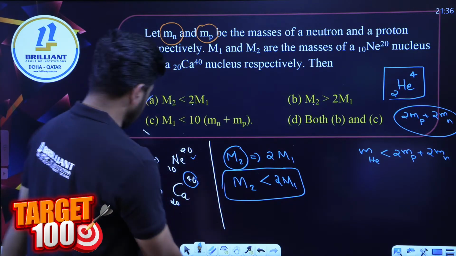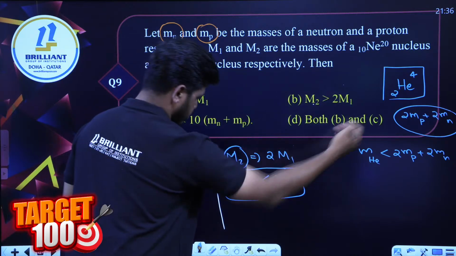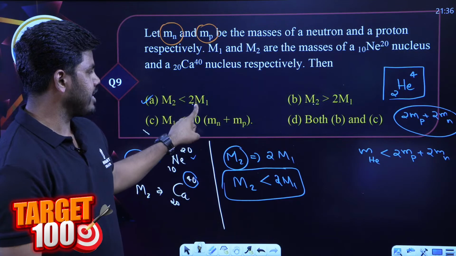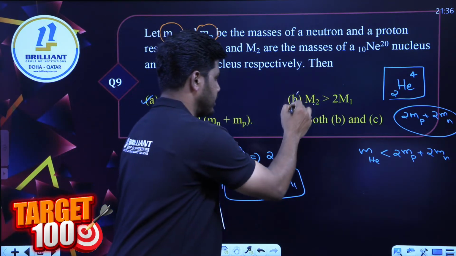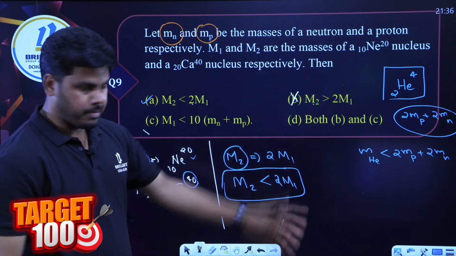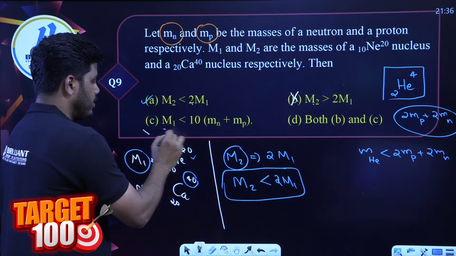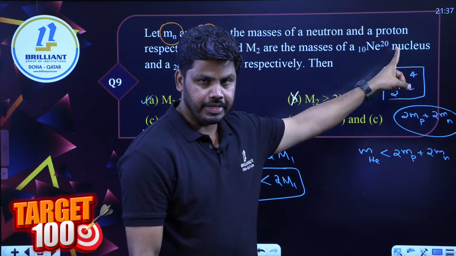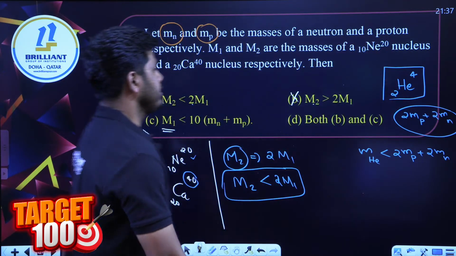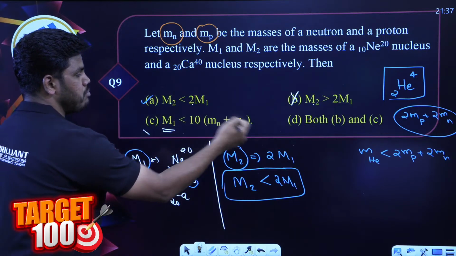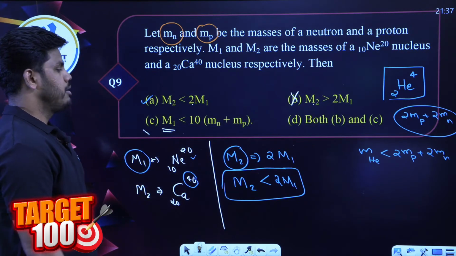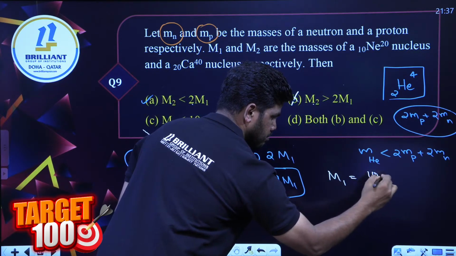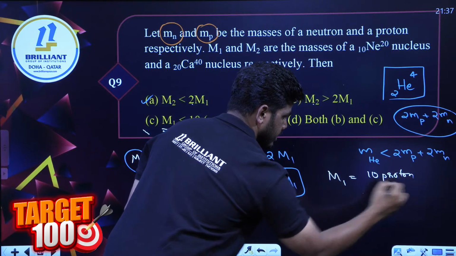But since it is given that both B and C are correct, let us cross check the other options also. If M2 less than 2M1 is correct, the other option cannot be the answer, of course, because it says the other way around. And M1 is the mass of neon, so M1 less than 10 times mass of neutron plus mass of proton. M1 is formed by 10 protons and 10 neutrons.